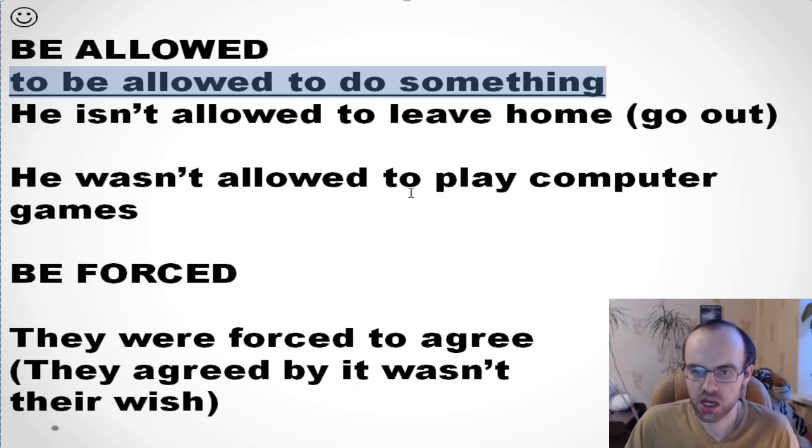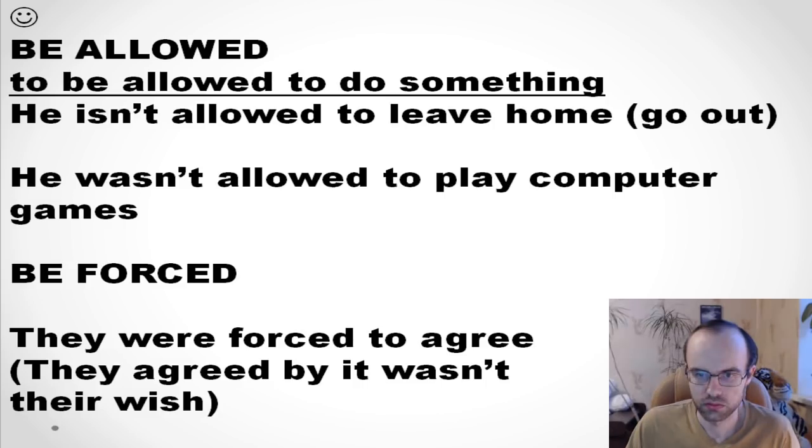He isn't allowed to leave home, or he isn't allowed to go out. It means that he can't leave home because of someone, or he wasn't allowed to play computer games. Maybe his parents told him no, you can't play computer games.